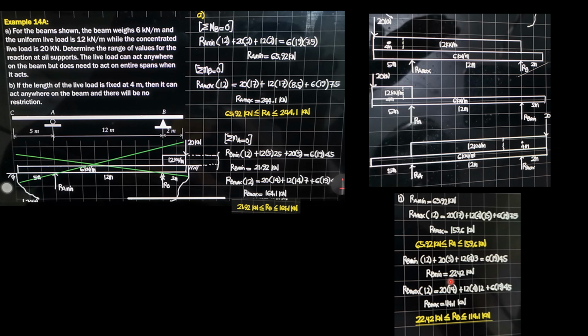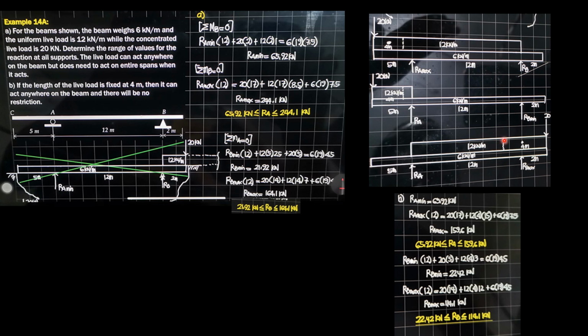Then for RB maximum, we have to place the live load here. This is the placement for the 12 kilonewton per meter load. So we load this part because the influence line for RB is still positive in this part.